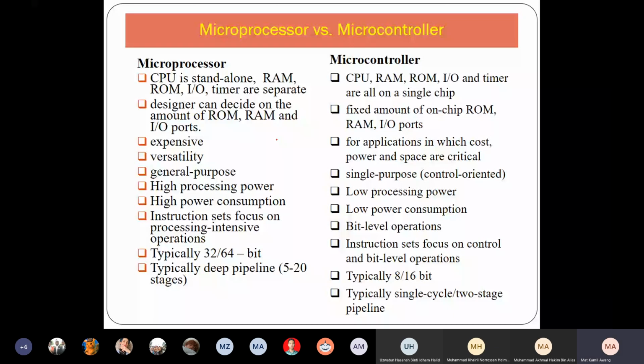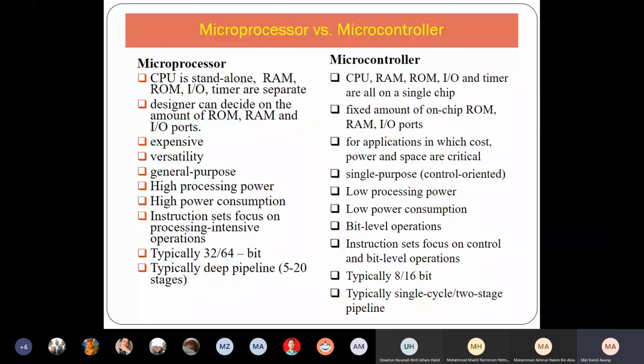Whereas for a microcontroller, it is a fixed amount on the chip. If it's 4 ports, then it's 4 ports. You cannot add any more. If the RAM is, let's say, 64 meg, you cannot add any more. So a microcontroller is fixed amounts.